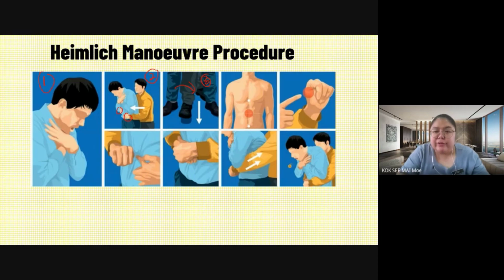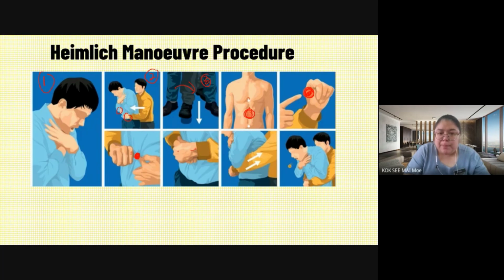Then you need to focus here. This is below the rib, not the center, a bit below the rib. You're using your fist, this part. Then you put this part of the fist to the rib, below the rib here. Then the other hand, this one should be the left hand.